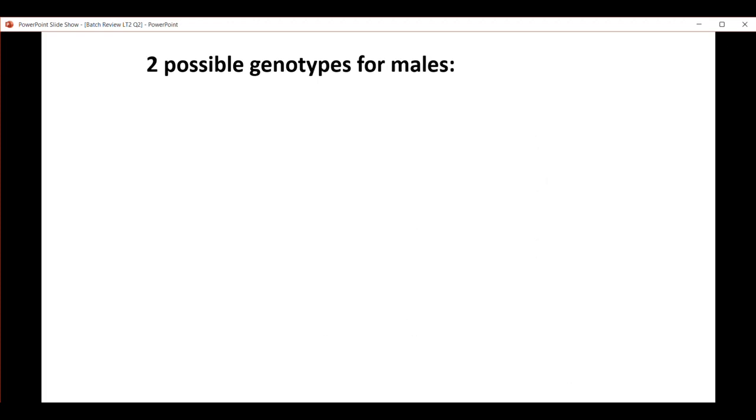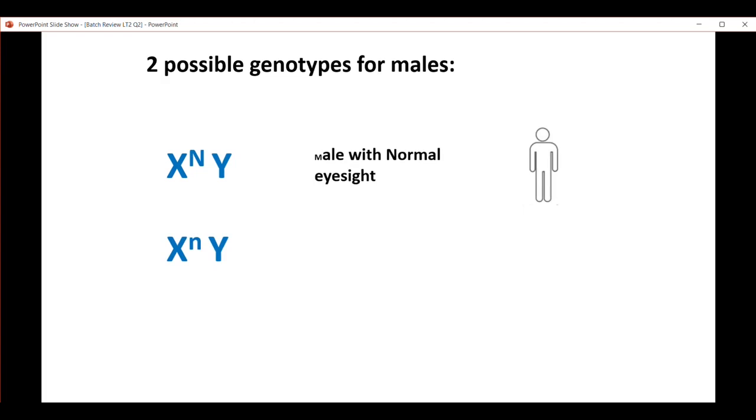In terms of the male, there are two possible genotypes: X big N Y and X small n Y. The first one would be a male with normal eyesight, while the X small n Y would be a male with color blindness, or the recessive disease.